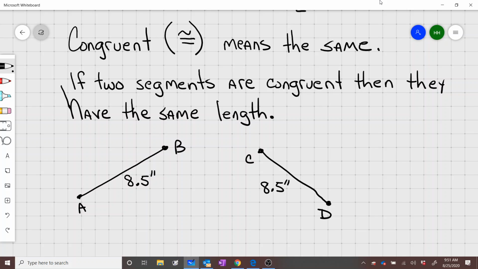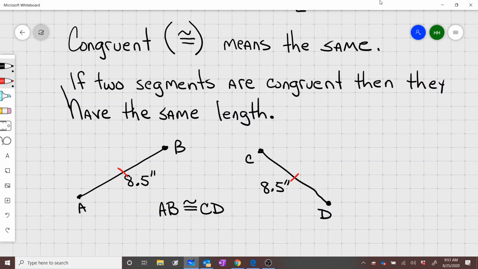So watch, here's how you would write it. AB is congruent to CD. If you take this red mark, we call these tick marks right here. A red tick mark on segment AB and a red tick mark on segment CD. If you're not given the dimension of each segment, but each segment has one tick mark, it means they're congruent. It means that they're the same length.